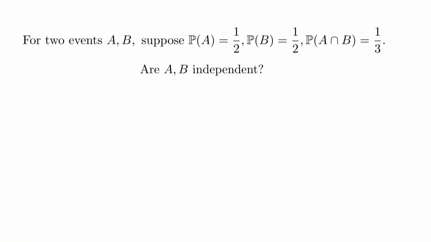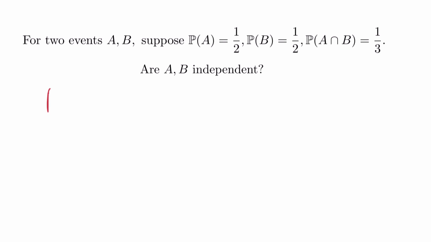So a last example to test the concept of independence is the following. Suppose I have 2 events. I don't know what they refer to, but I do know their probabilities. The probability of A is 1/2, probability of B is 1/2, and I know the probability that they occur simultaneously or together is 1/3. And I ask, are they independent?